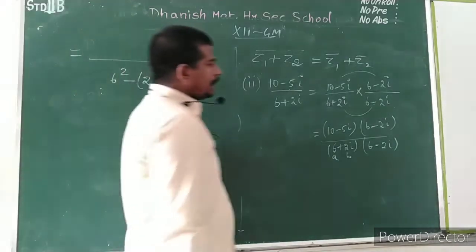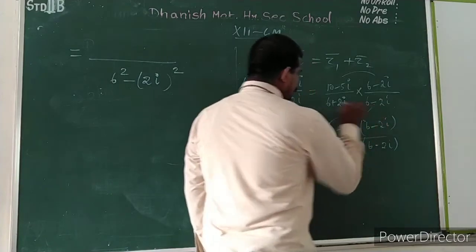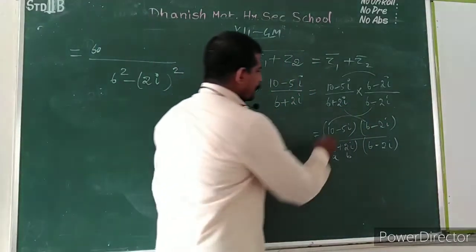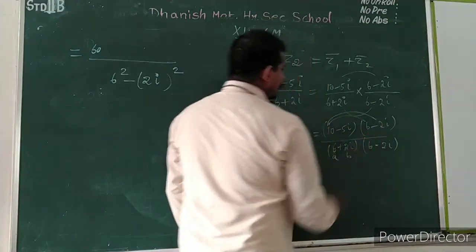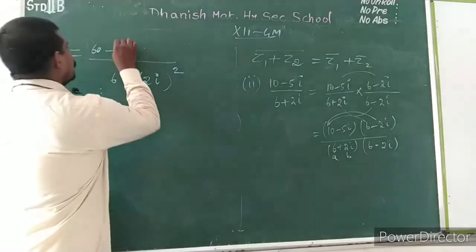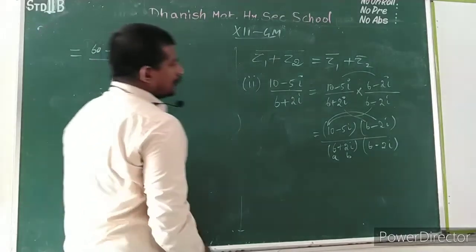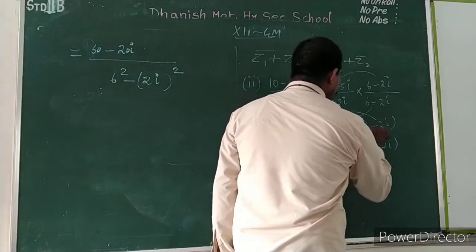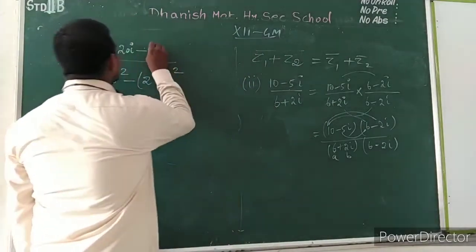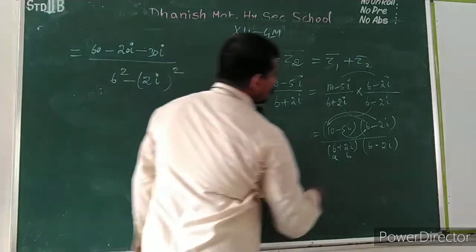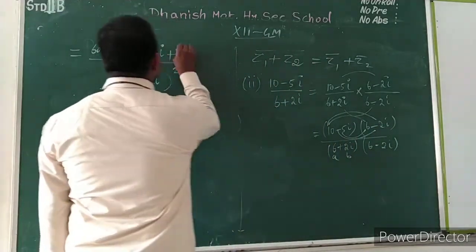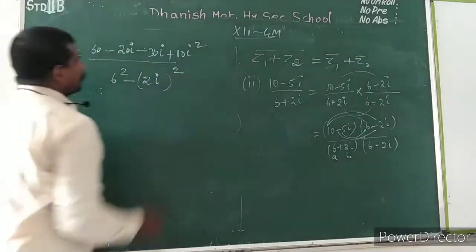Look at the numerator. Now I am going to multiply these two. 10 into 6, 60. Plus into minus, minus 10 into 2i, 20i. Now, minus into plus, minus 5 sixes are 30i, minus into minus, plus 5 twos are 10i square.